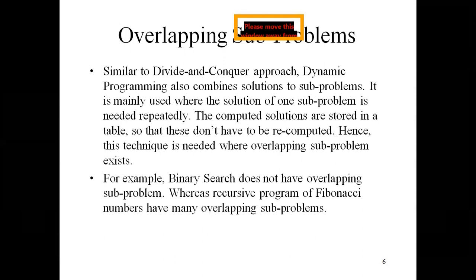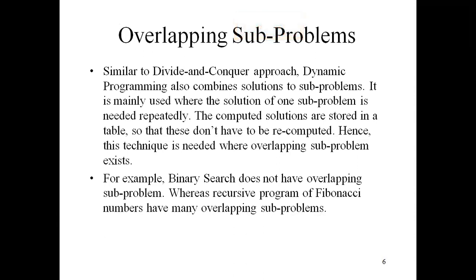So when you consider the recursive program for Fibonacci numbers, there is overlapping of subproblems. That means when you want to find f of 2, you need to consider f of 0 and f of 1.